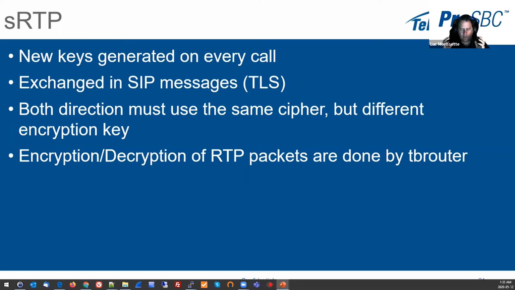So every time there's a new call that requires SRTP, the keys will be generated. They will be exchanged in the SIP messages from end to end. And obviously, the SIP messages should be encrypted so that the key information is also encrypted.